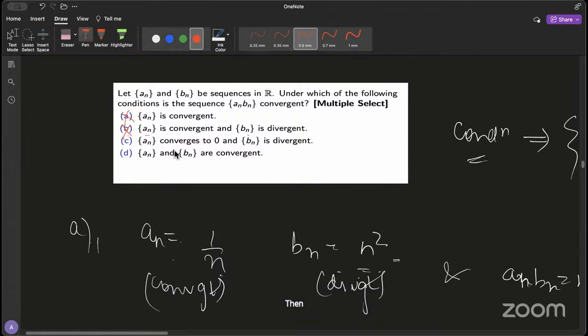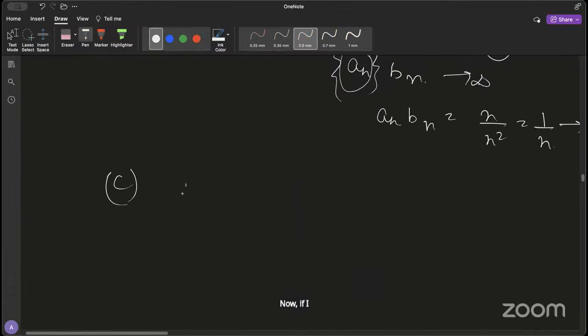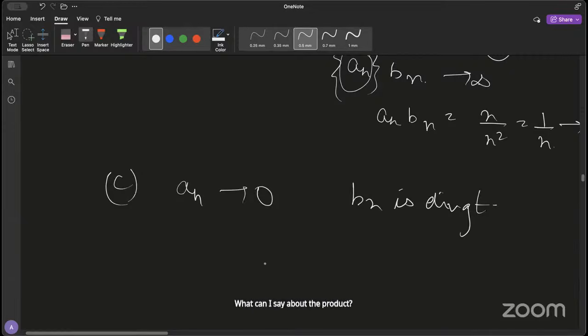Then coming to the third one, an is convergent to 0 and bn is divergent. Now if an tends to 0 and bn is divergent, what can I say about the product? Can I say something about it?